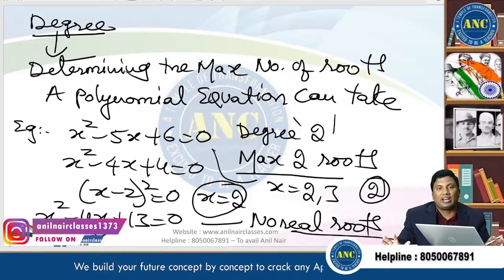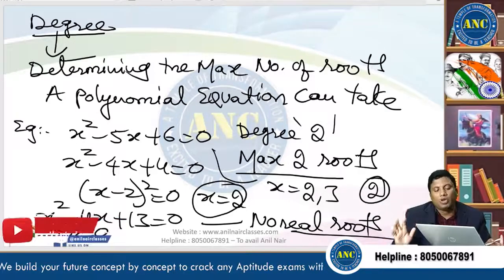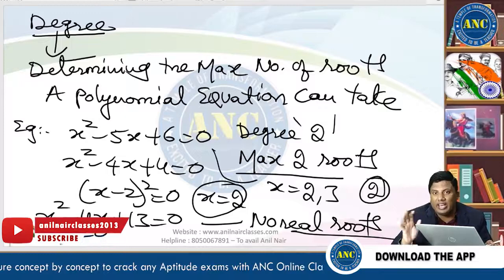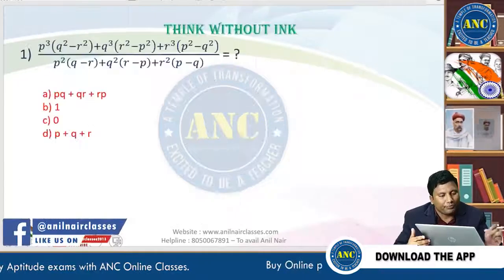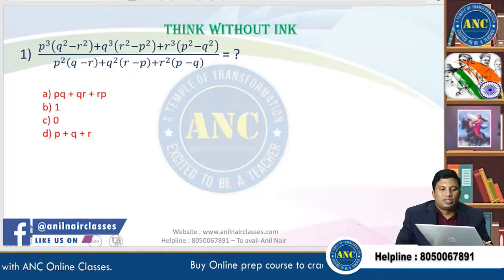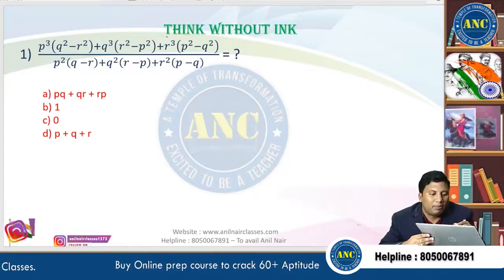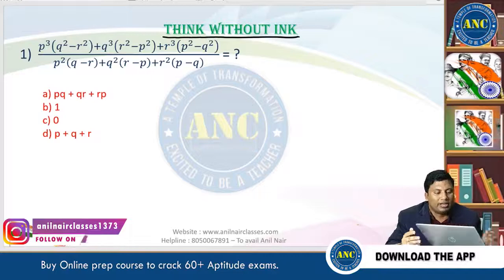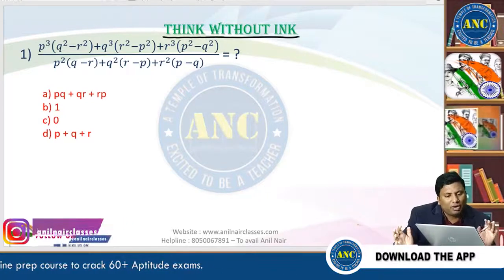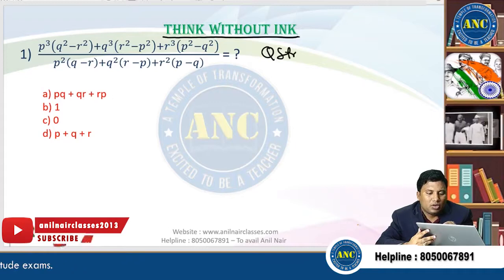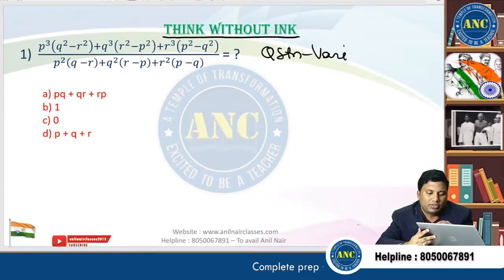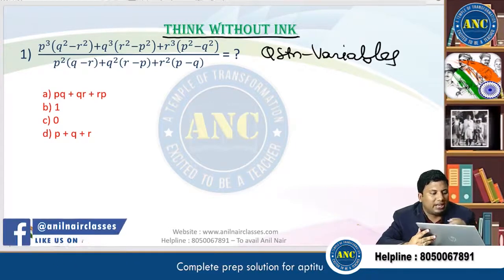Now straight away let us get into the problem. I hope you have understood the basic theory before we solve our problems. First question. Problems. See here, the entire problem is all about think without ink. Now, first thing, before we solve the problem, question contains variables.